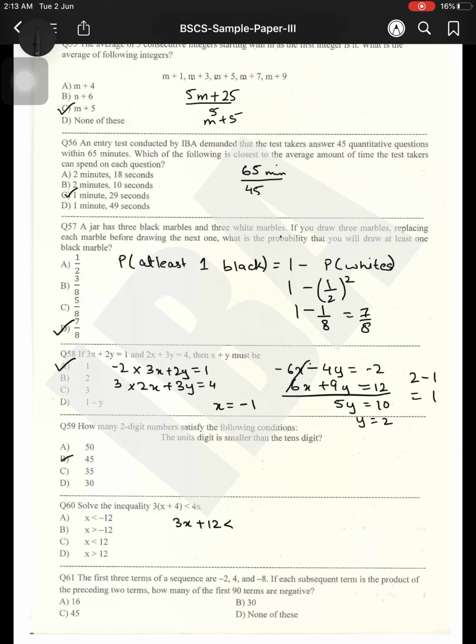So the next question we're gonna do 3x plus 12 is less than 4x. So minus x less than minus 12, x is greater than 12, which is D.